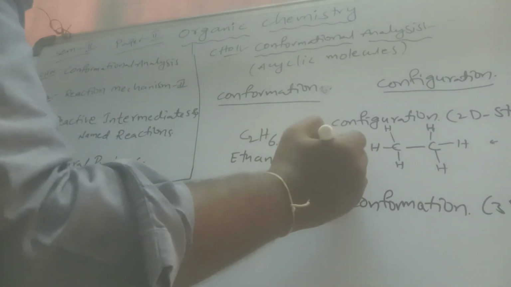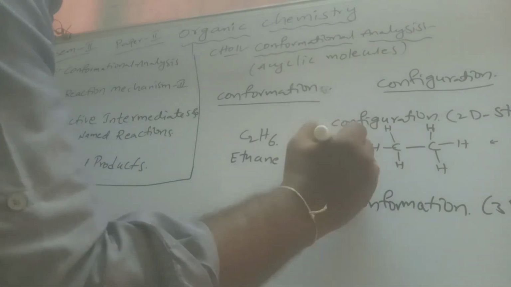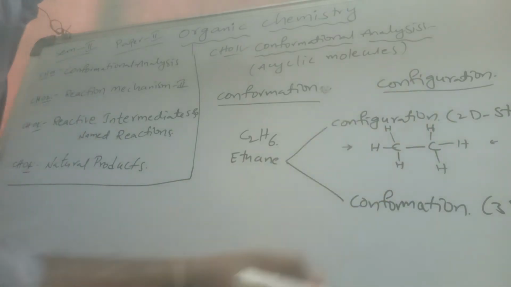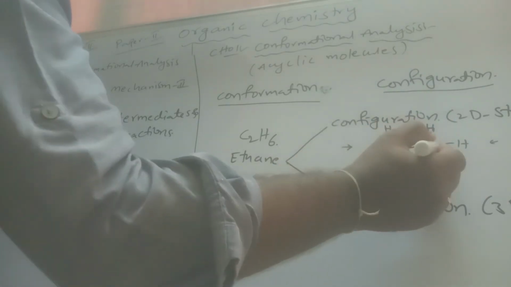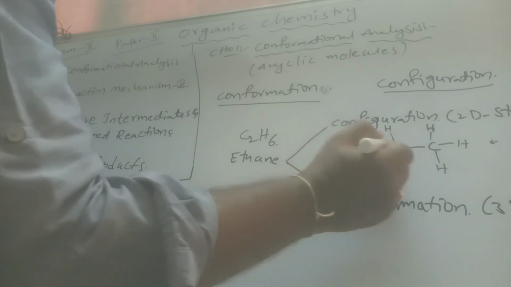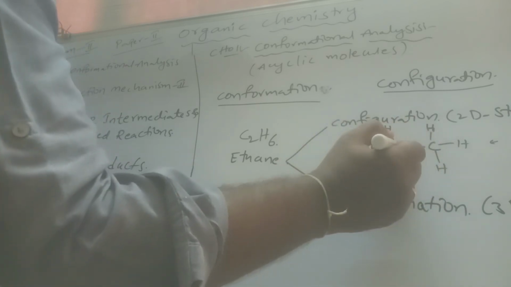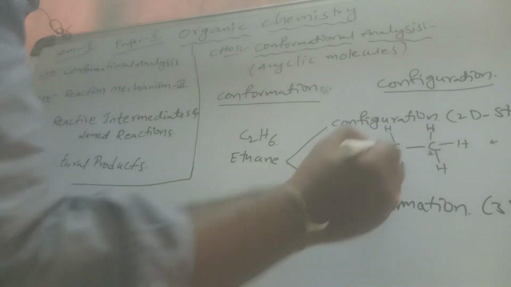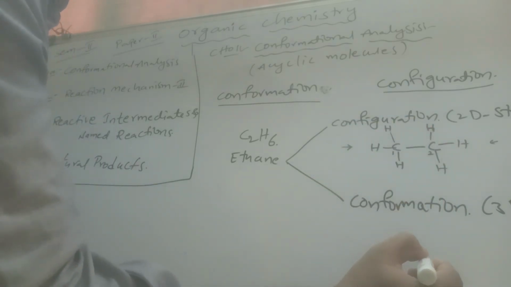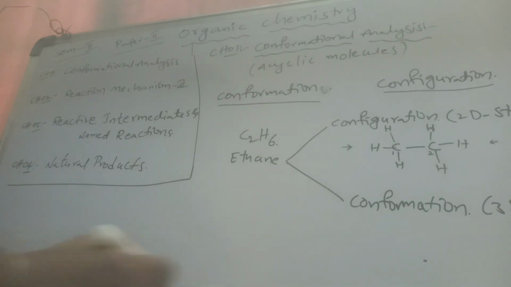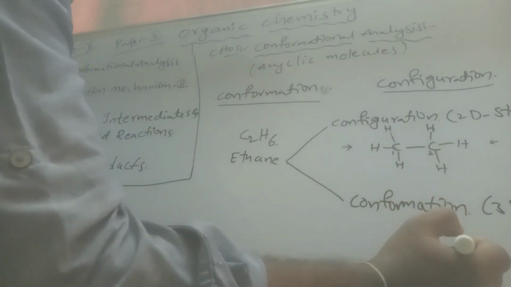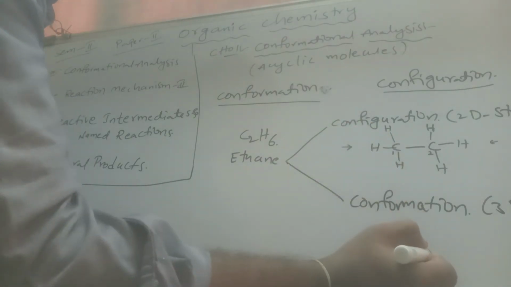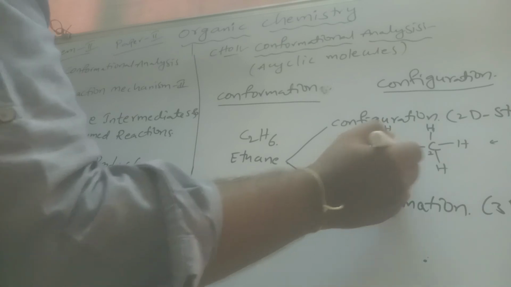If we select the left side, we can observe this carbon eclipses this carbon. That means this carbon is behind this carbon, so this carbon is what we can see. This carbon is hiding behind this carbon. So we can number them 1 and 2. The first carbon we write here, and the second carbon is at the back side of this dot. This dot indicates the first carbon, and again the second carbon is also at the back side of this carbon.